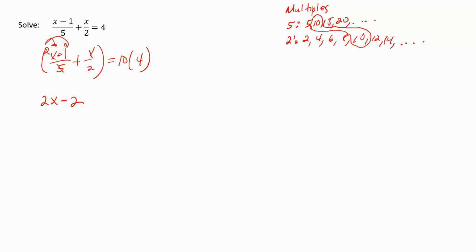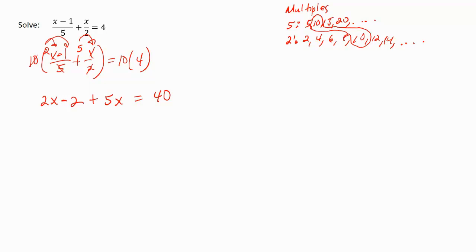When I multiply the second term by 10, the 10 and the 2 reduce to a 5, and now I distribute 5, and I have 5x. So we have the following: 2x - 2 + 5x = 40.